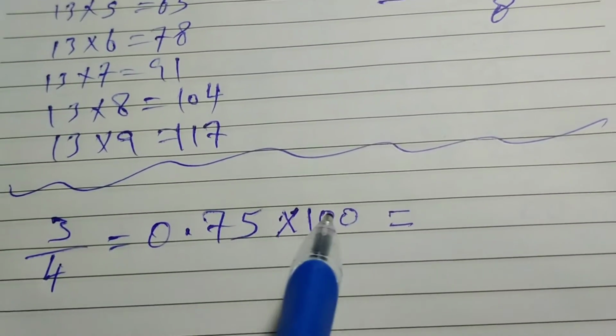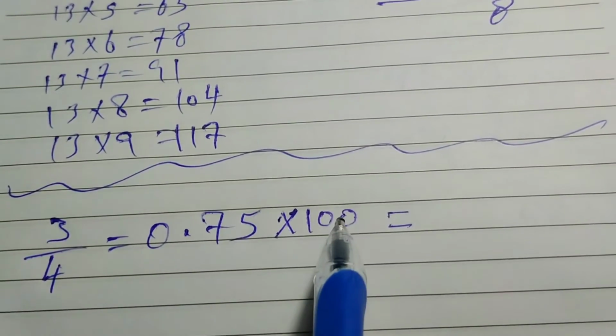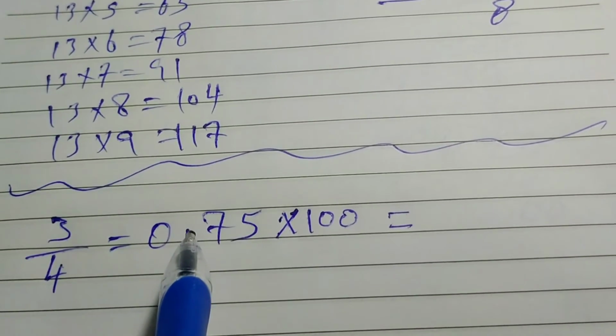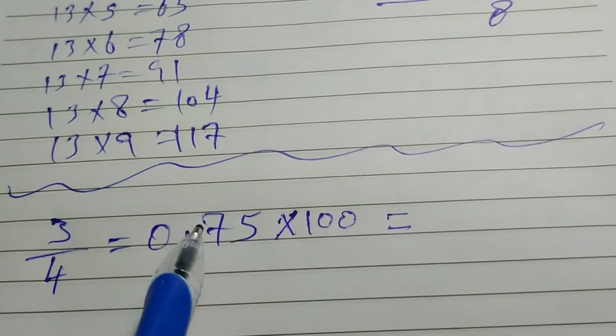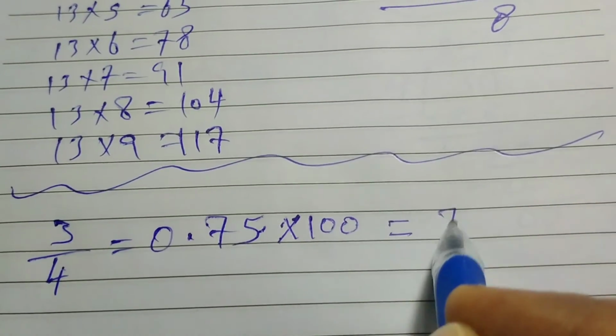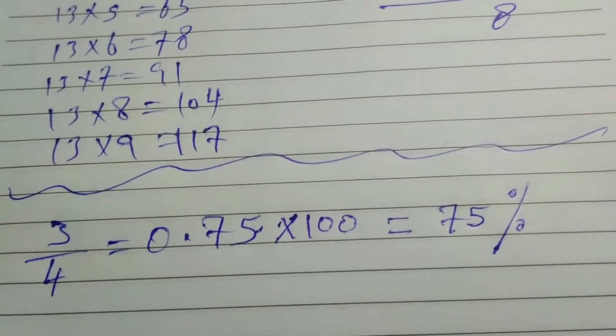So multiplying by 100 using a trick. How? Because there are 2 zeros with 1, the point will move 2 digits to the right side. 1, 2, so the point will be here. It will be 75%. Understand my dear?